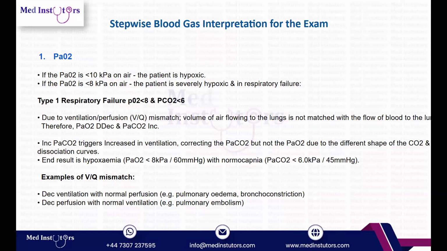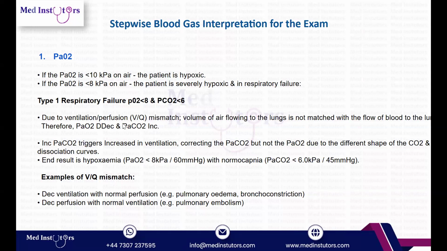So what are the types of respiratory failure and how can we differentiate them just by looking at the arterial blood gases? In type 1 respiratory failure, the partial pressure of oxygen is less than 8 and the partial pressure of carbon dioxide is less than 6. Why does that happen? Due to ventilation perfusion mismatch.